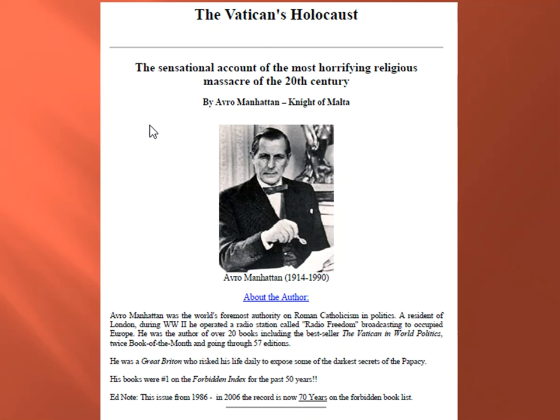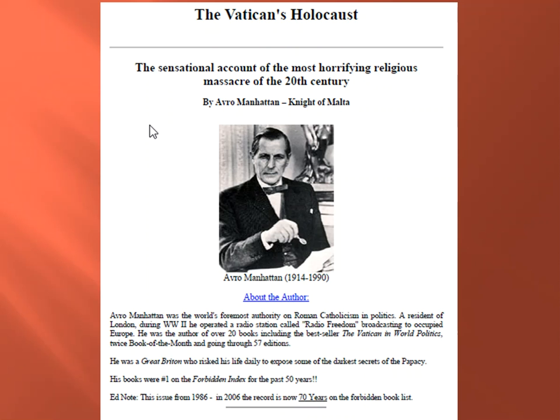Avro Manhattan was the world's foremost authority on Roman Catholicism and politics. A resident of London during World War II, he operated a radio station called Radio Freedom, broadcasting to occupied Europe. He was the author of over 20 books, including the bestseller The Vatican in World Politics, twice Book of the Month, and going through 57 editions.